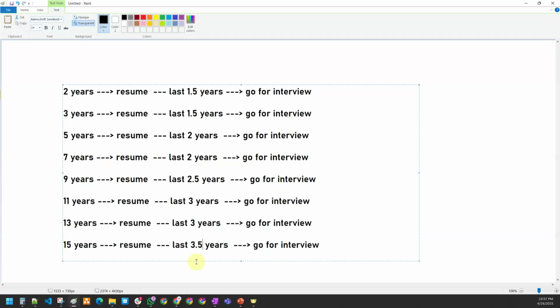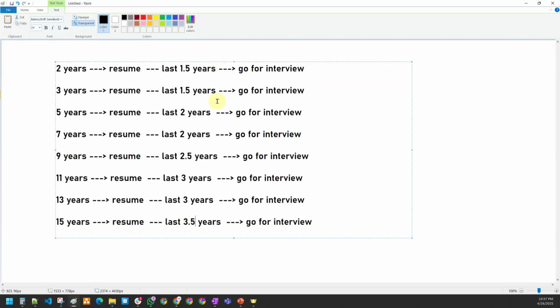So this is how you have to cover your experience, whether you are coming from an admin role, supporting role, testing role, whatever it is. If I have 2 years, 1.5 in GCP, what about the rest of the experience, guys? Whatever you are doing currently, that is your rest. For example, sir, 5 years: let me take an example, this guy was working as an Oracle admin for the last 5 years.